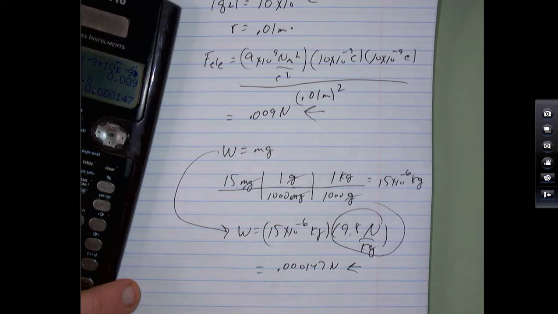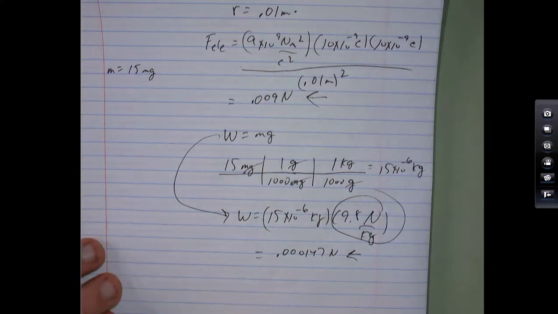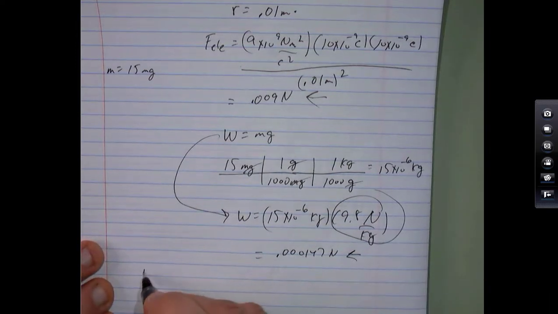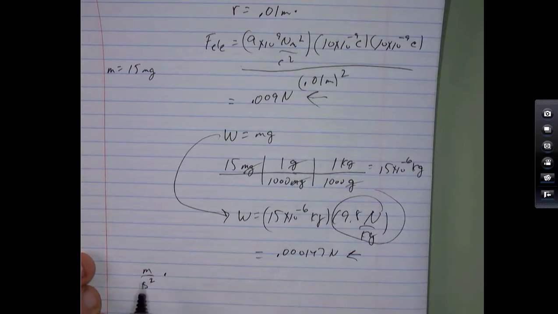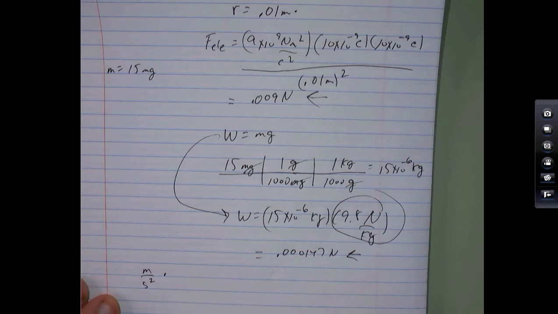This number, 9.8 newtons per kilogram. Well, didn't we used to say it was meters per second squared? It's the same thing, a newton per kilogram. Let me show you why. Meters per second squared. What if I multiply the top and bottom of this by kilograms? This meters per second squared, that's what we used to have for 9.8. It was 9.8 meters per second squared.